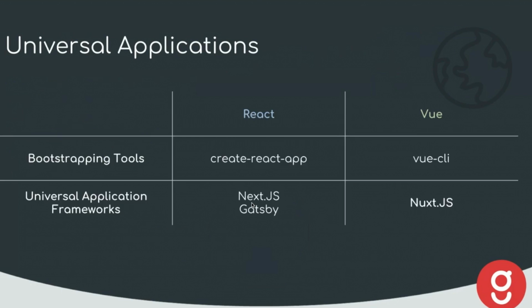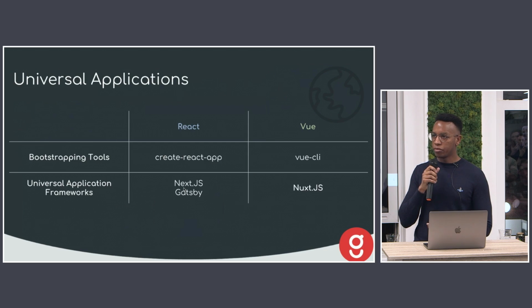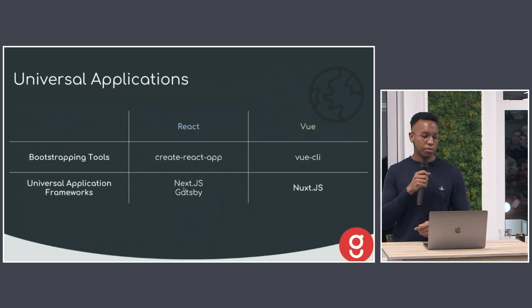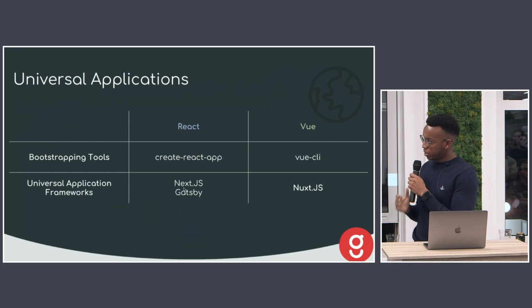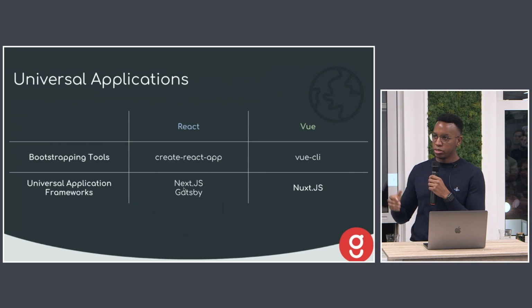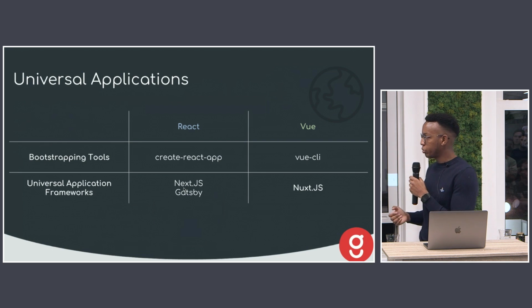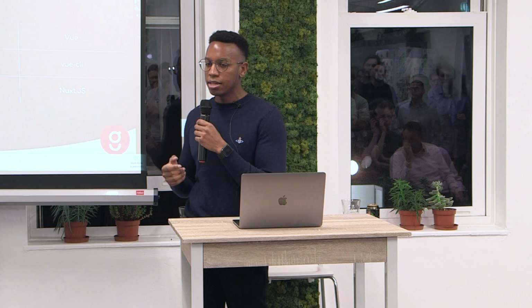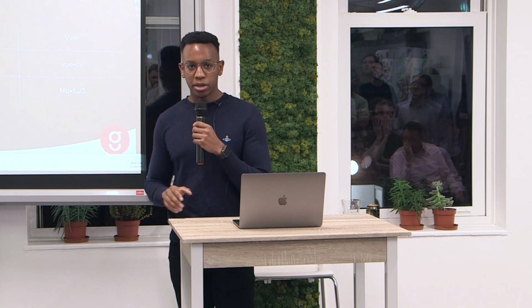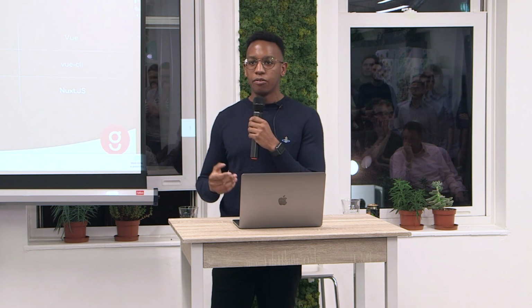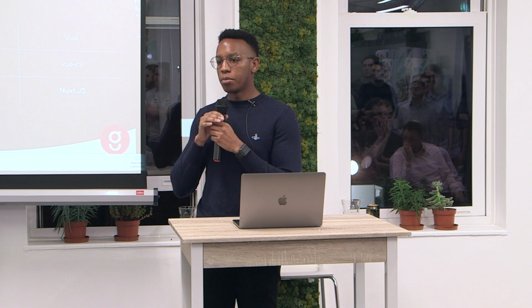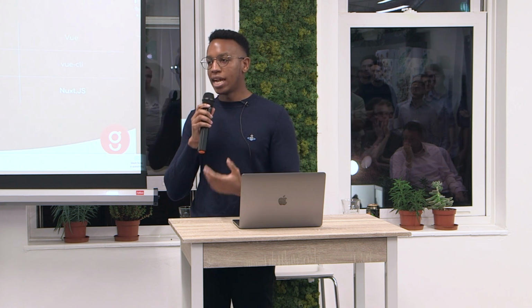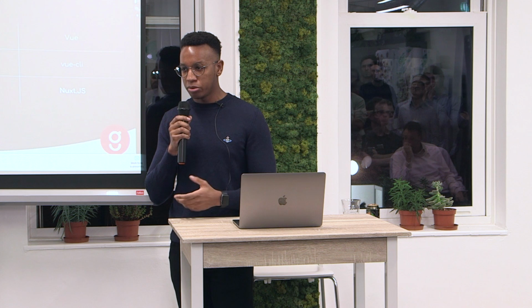And the kind of layout at the minute of universal applications in the world is you've got this level here. When you first come to use Vue and React, you'll tend to go to Create React App or Vue CLI as your kind of go-to starting points, and that's what they're for. They're for users to start writing these frameworks as quickly as possible.